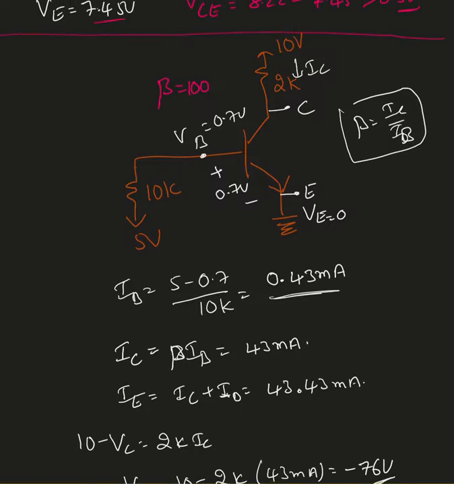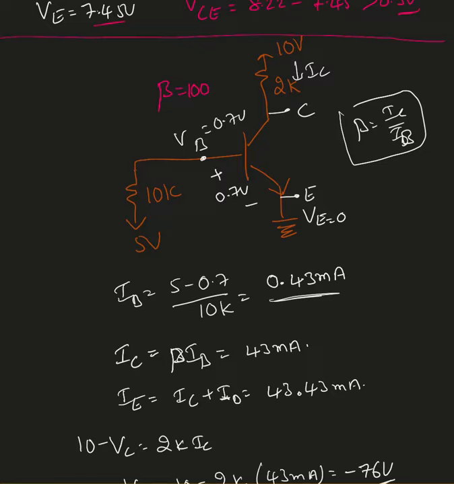If it is cutoff mode, it's an open switch and you have VB as 5 volts, since there won't be any current, and VE is 0 and VC is 10 volts. So assuming cutoff mode with these voltages is not possible. So I'm going to take this transistor as acting in saturation mode of operation.